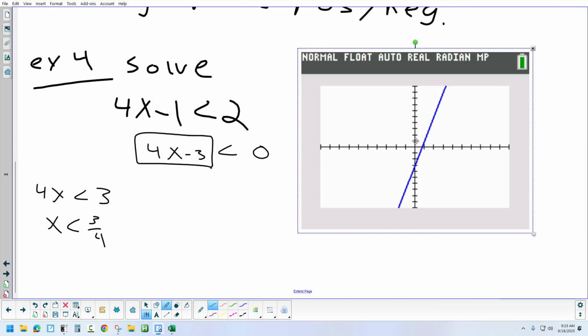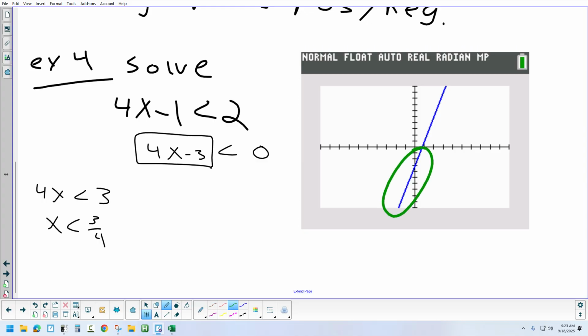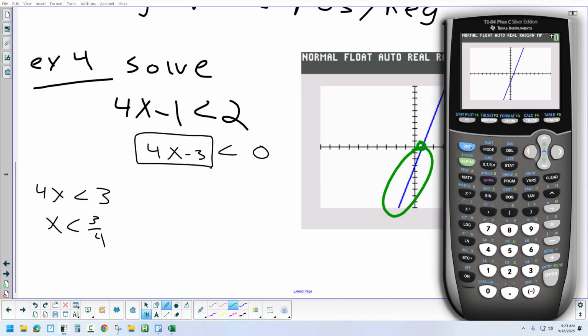So the answer to my problem, where is that graph less than 0? That's going to be everywhere in this section. So we need to find where it crosses the x-axis and then say it's every number less than that. So we'll do second calc 0.